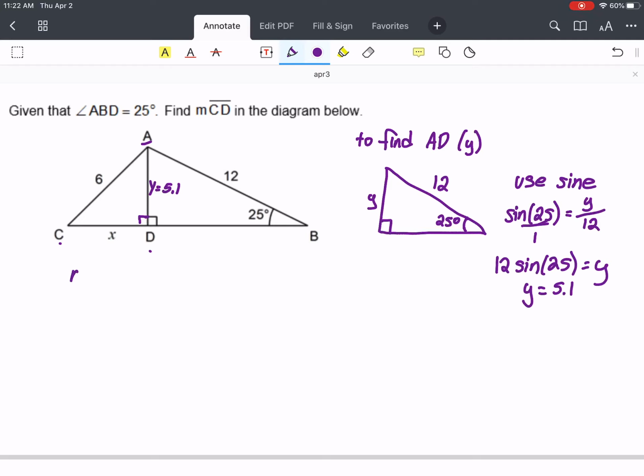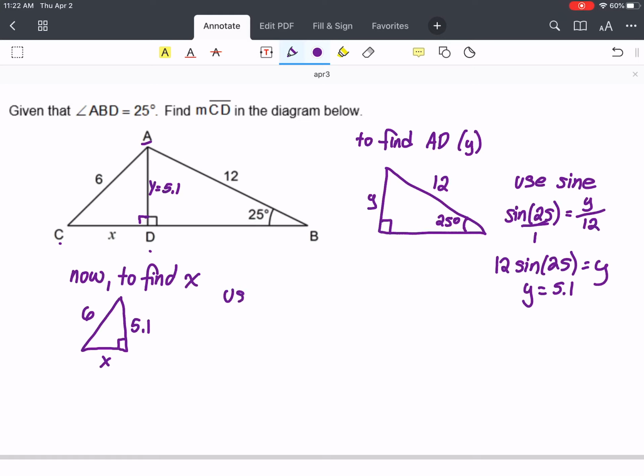Now, to find x, we can look at this right-hand triangle, and I'm redrawing the triangles. It's not something that you have to do necessarily, but I think it helps simplify it a little bit to be able to break down the problem into smaller triangles instead of trying to look at it all at once. So if we just go back to the left-hand triangle, we have the hypotenuse is still 6, y we just solved for, which is 5.1, and then we can solve for x.